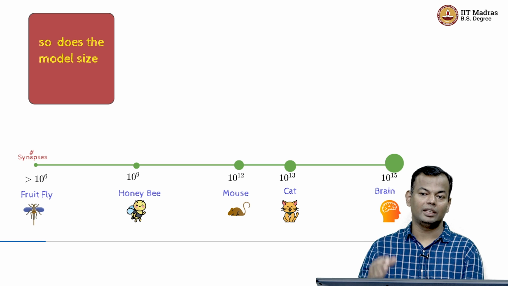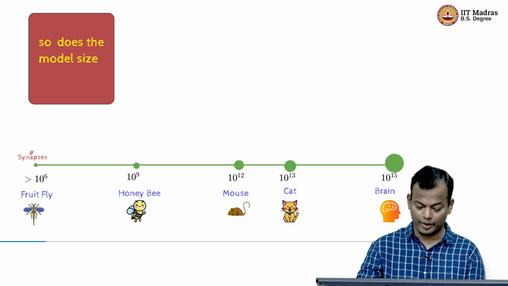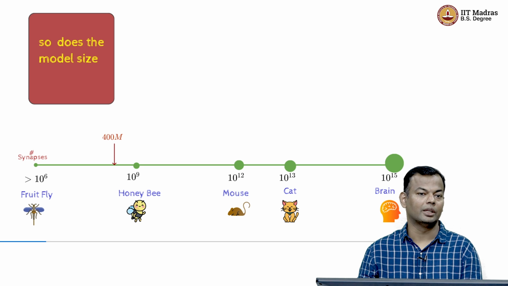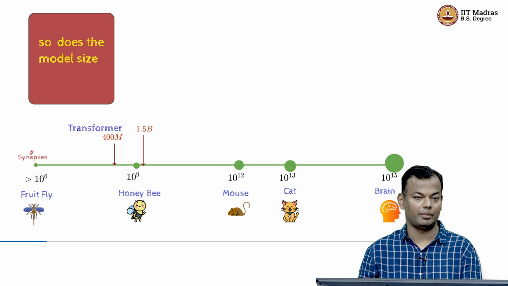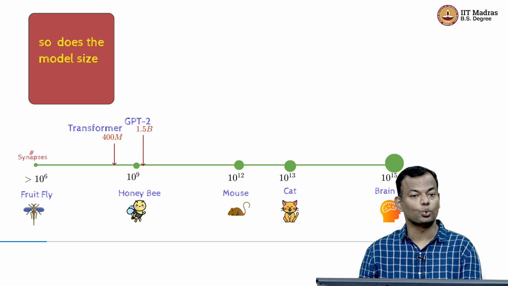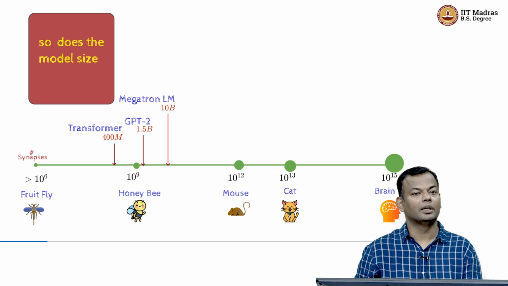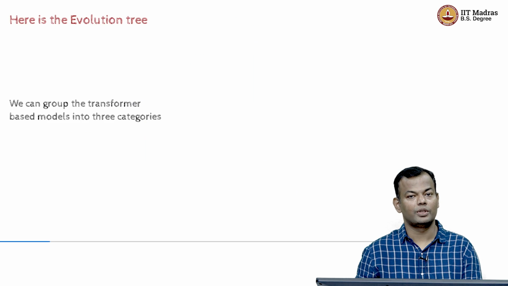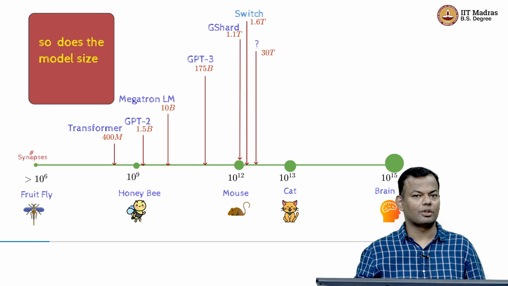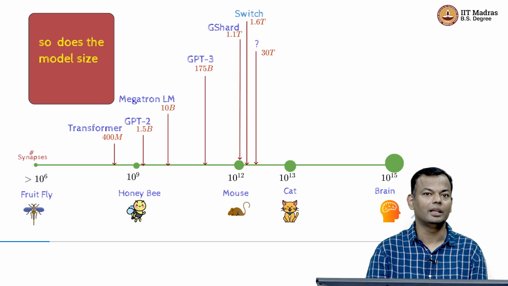Now, if we compare this to where the model sizes are today, the initial transformer model was around 400 million parameters. Then we had GPT-2, which was 1.5 billion. Then the Megatron LM, then GPT-3, then G-Shard, switch transformer, and so on. And it's constantly increasing, right?